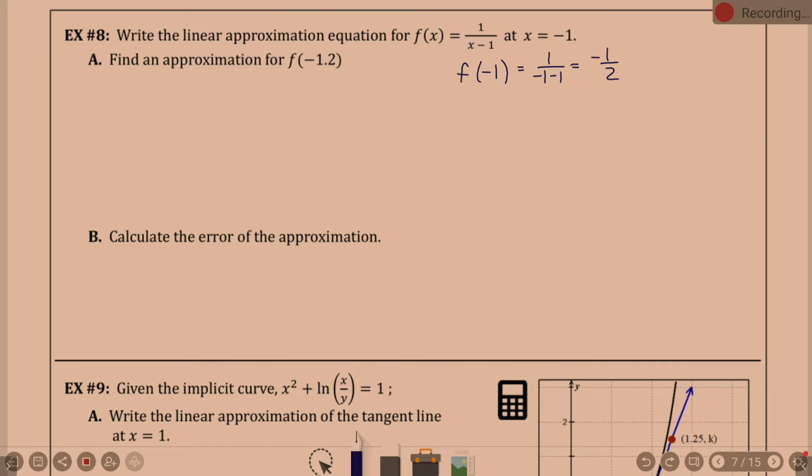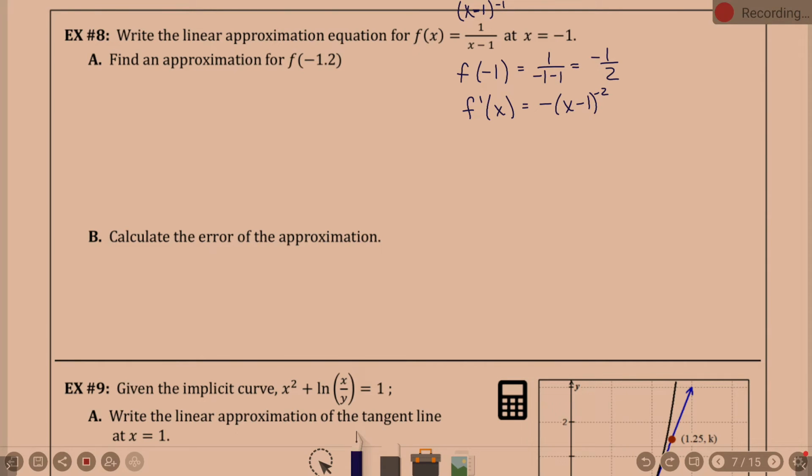And then the derivative. Which way do you want to think of the derivative here? I'm going to think of this as x minus 1 raised to the negative first power. Then I'm just using the power rule, so I don't have to use the quotient rule. So negative times x minus 1 to the negative second.